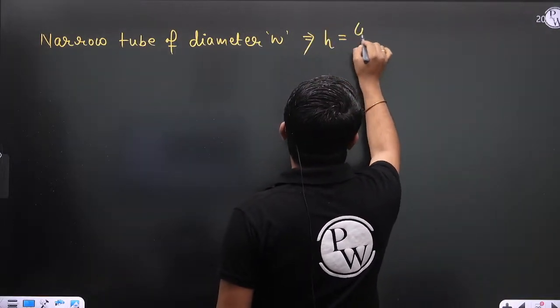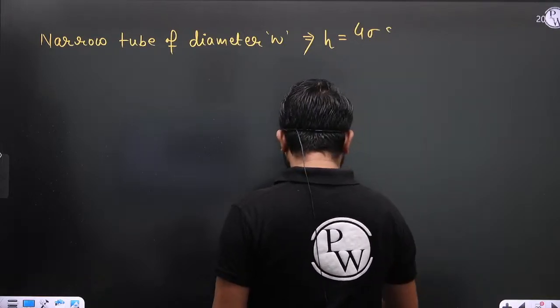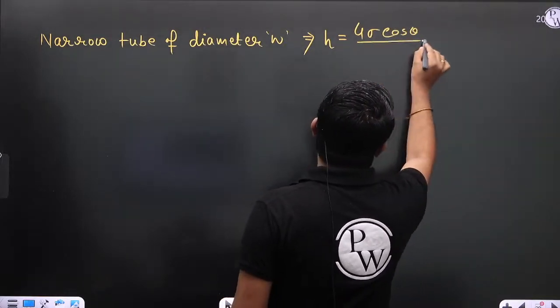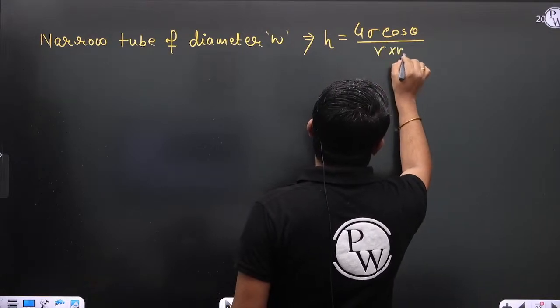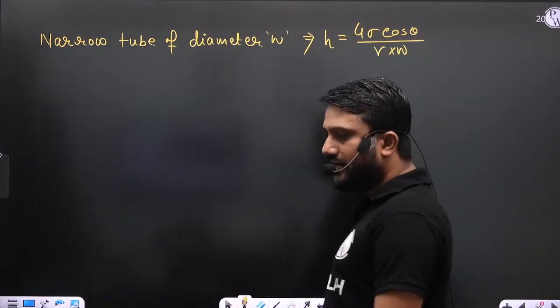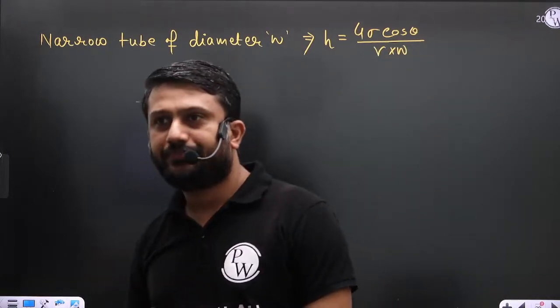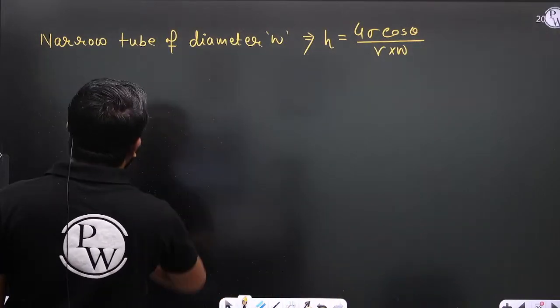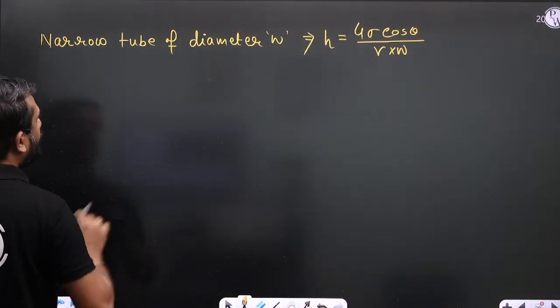This is 4 sigma cos theta divided by gamma multiplied by W, where W is the diameter of the tube. So this is regarding the narrow tube of diameter W.